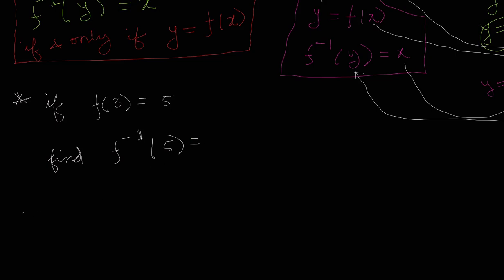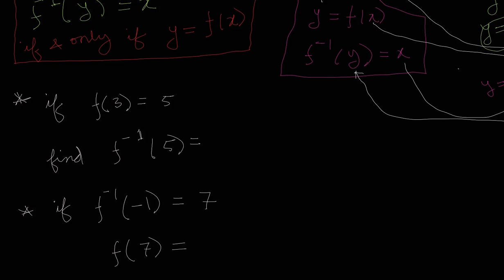And the second example is, if f inverse of -1 equals 7, then I need to find what is f of 7. So these are my problem statements.